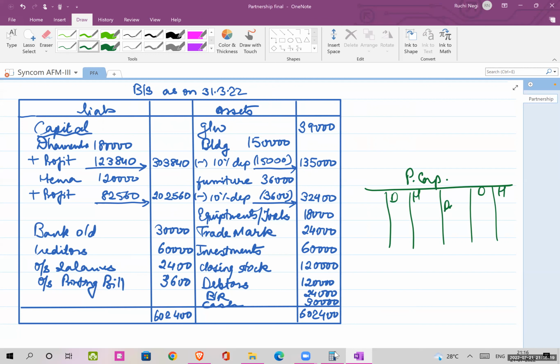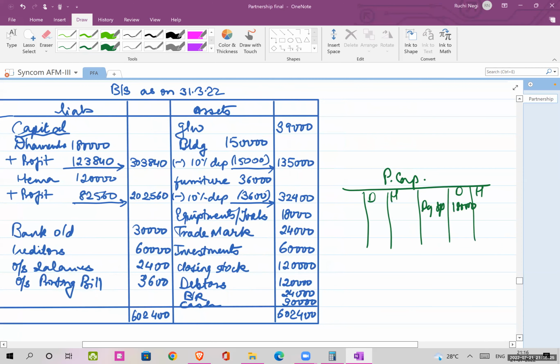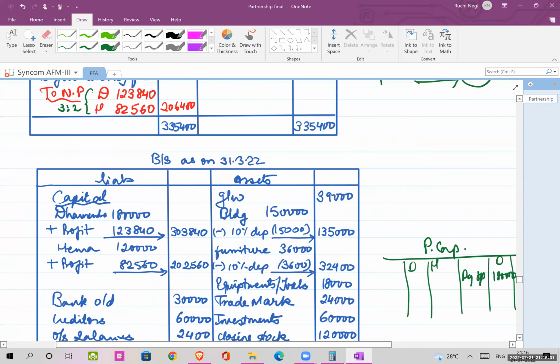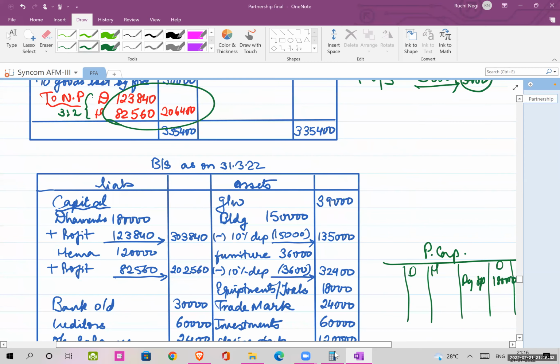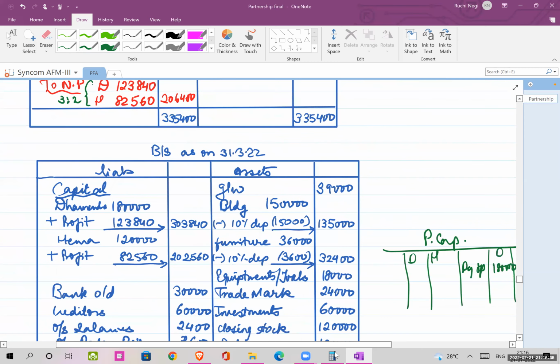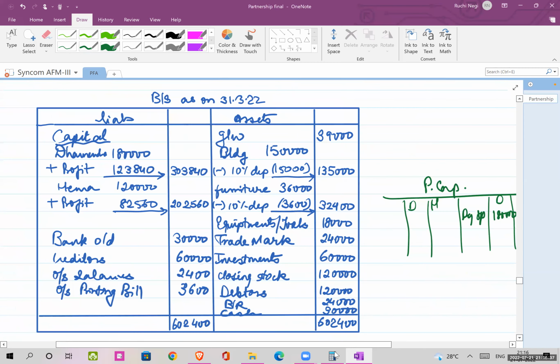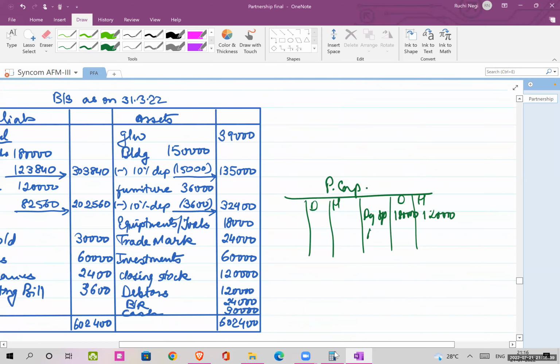So this side you will be showing the opening balance. How much is it? 1,80,000. And this side also you will be showing an opening balance 1,20,000. Okay. And then its second effect you will be showing 1,23,840, which will be reflected here. And when you close this balance, you will get this answer.